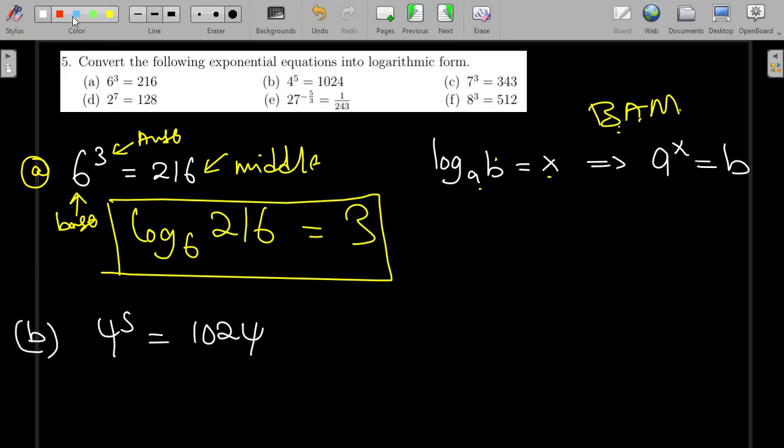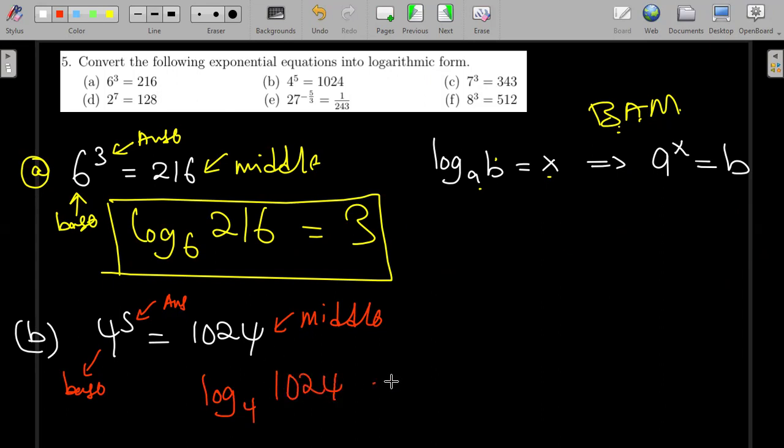It's the same situation, very simple. This one is the base, this one is our answer, and this one is our middle value. So if I convert it to a log, it will be log base 4, then what is in the middle, 1024, is equal to the answer, which is 5.